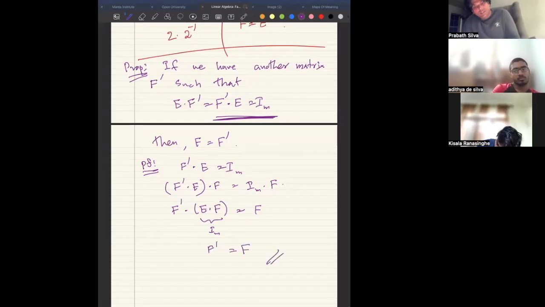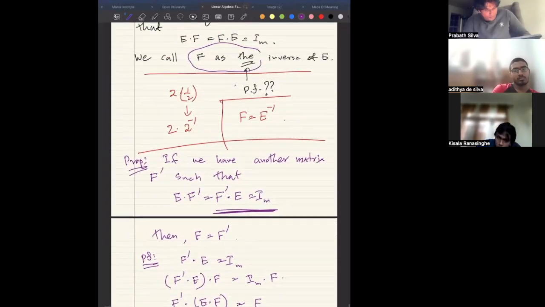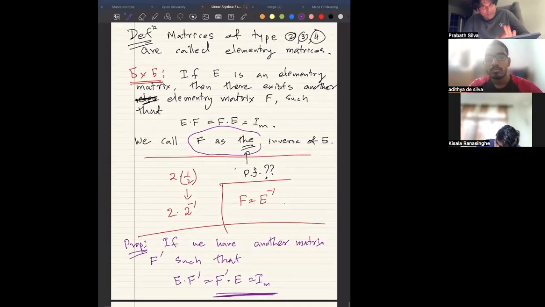So this tells you that if you have an F prime that does this, it's actually unique. The inverse is unique.